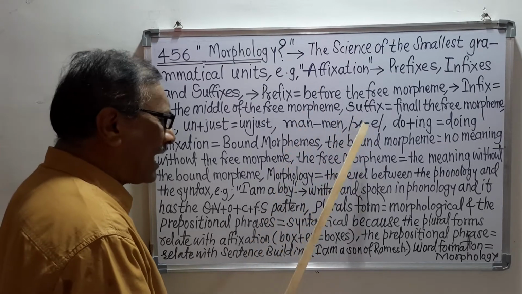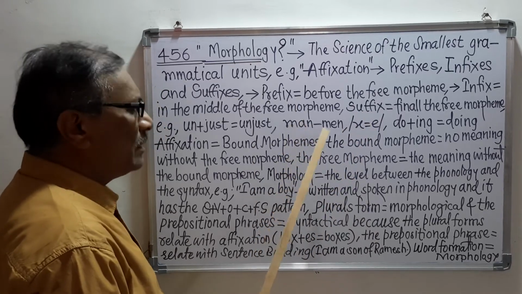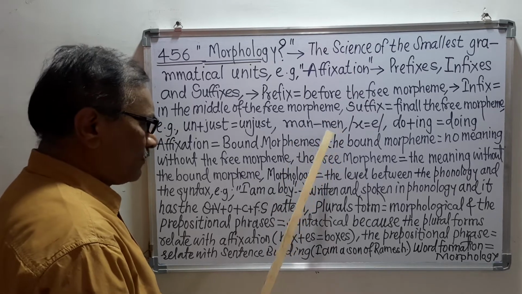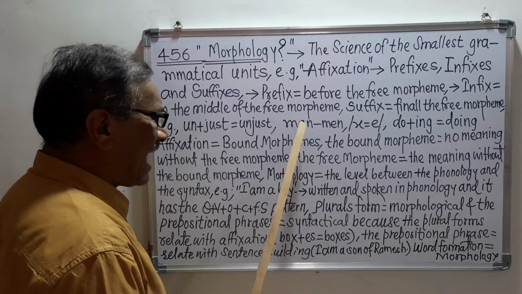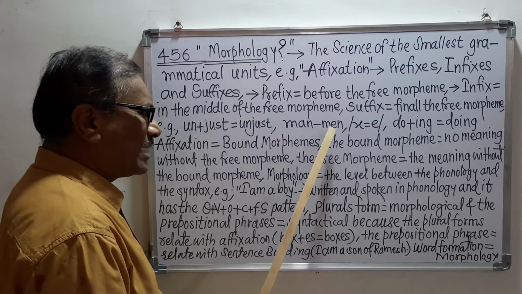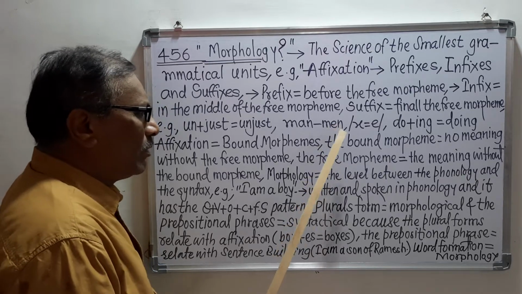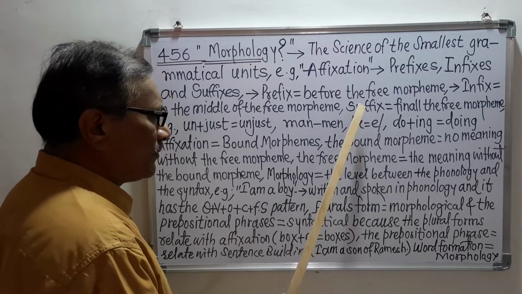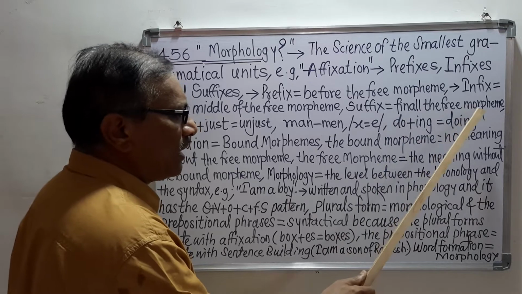So this a has become e. This is the example of the infix, because in the spelling of man the a is in the middle, and in the spelling of men the e has come in the middle, and that's why it is called the infix.